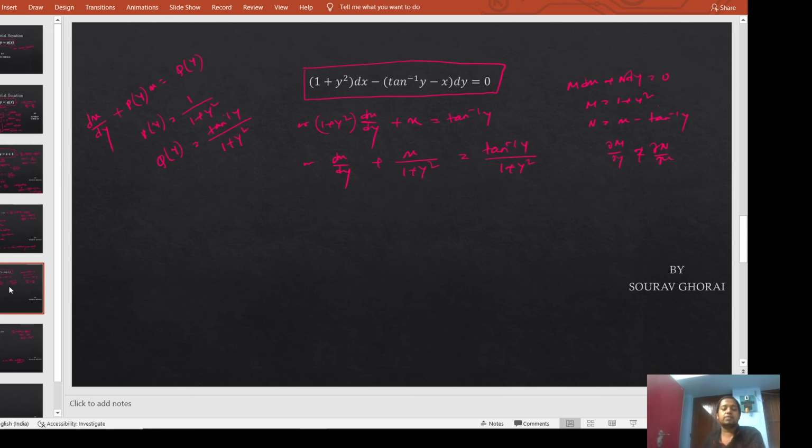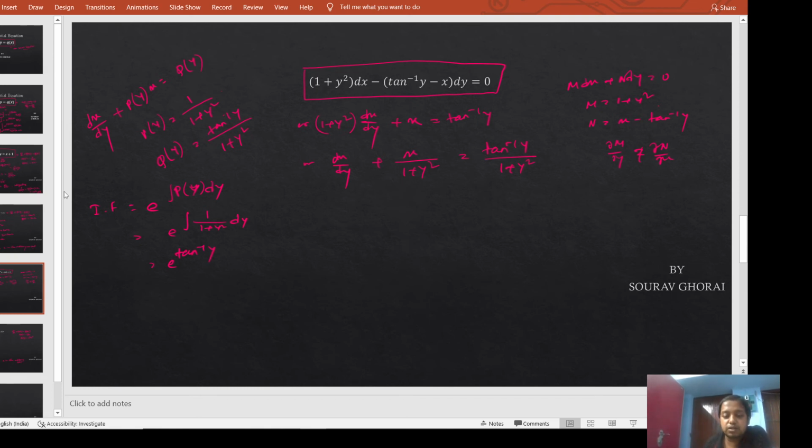So now this is another type of linear differential equation. Here the integrating factor is of the form e to the power ∫P(y) dy. Here P(y) is 1/(1 + y²), so the integrating factor is e to the power ∫1/(1 + y²) dy, which gives e to the power tan⁻¹y.